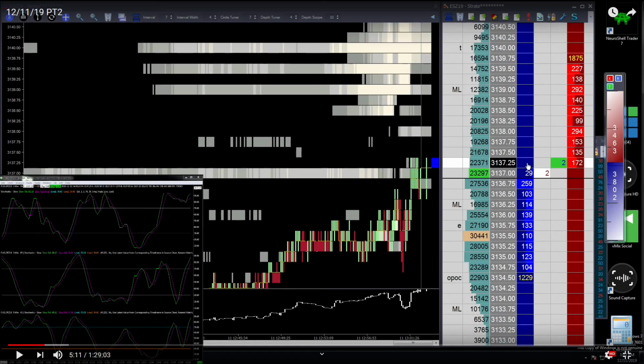Size eventually comes up on bid at 3136.75. You can see there's 259 sitting there.